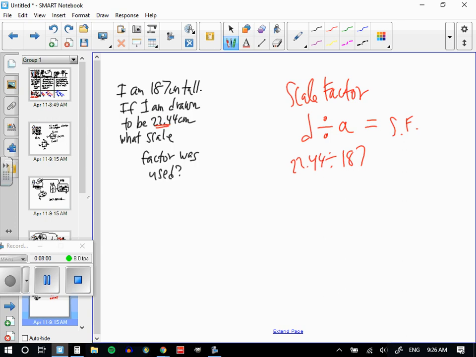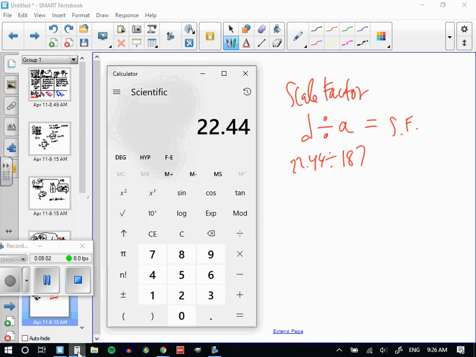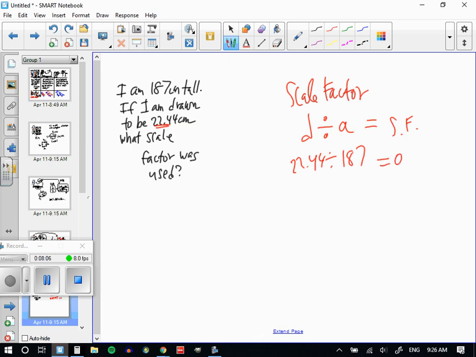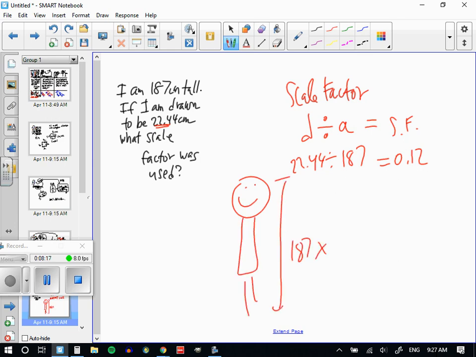There's another 4 there. 22.44 divided by 187 equals 0.12. So therefore, when you take my height of 187 centimeters and multiply it by 0.12, you would have created the drawing of me that was 22.44 centimeters.